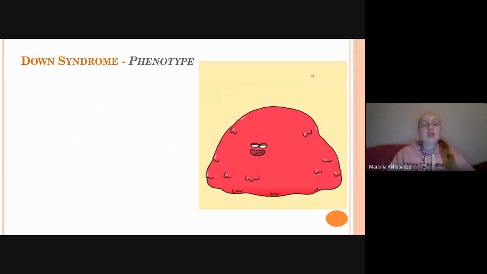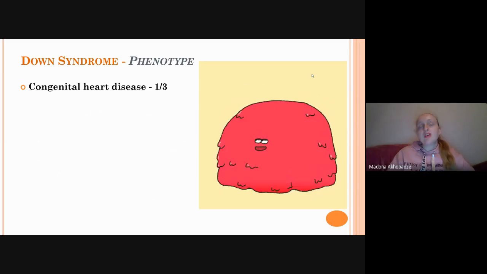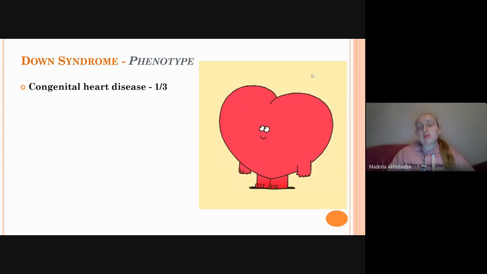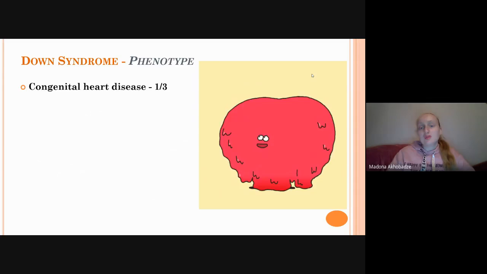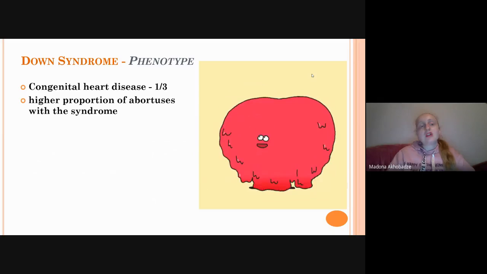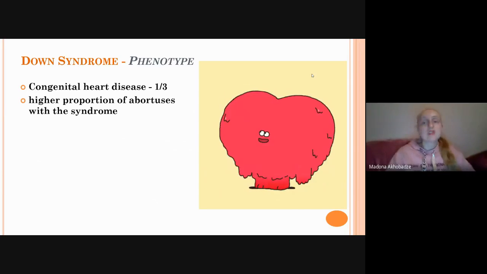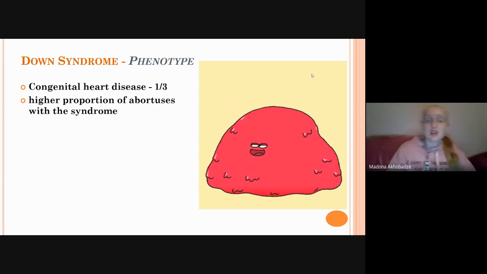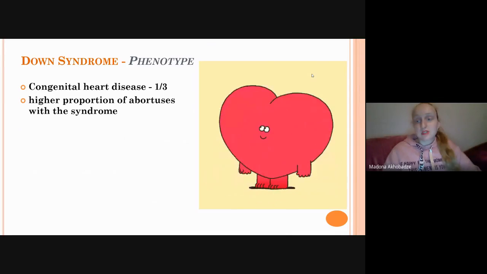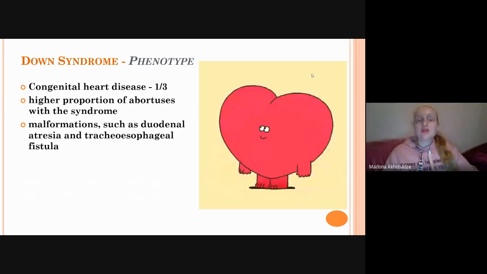Okay, so congenital heart defects: one out of three Down syndrome patients has one, and they are usually the cause of death because they are very serious. There is a high proportion of abortions with the syndrome. It means that even a spontaneous abortion could be because of this, a congenital malformation not compatible with life.